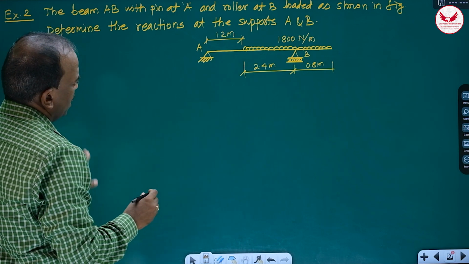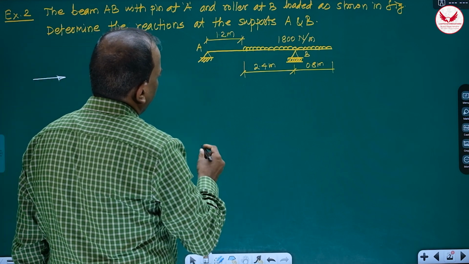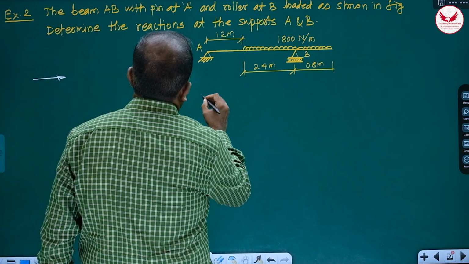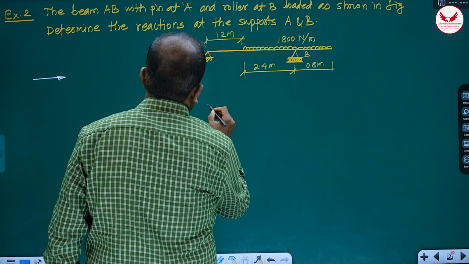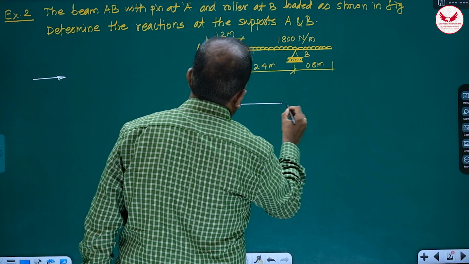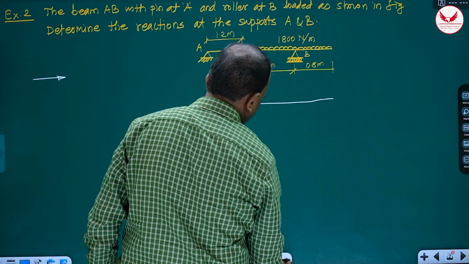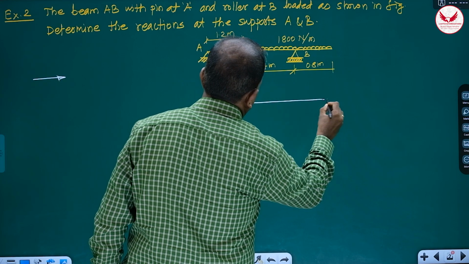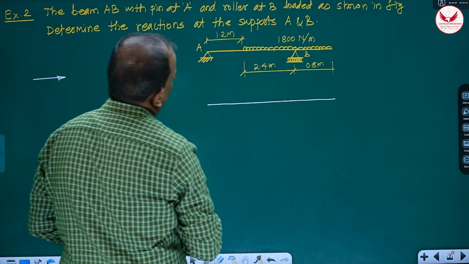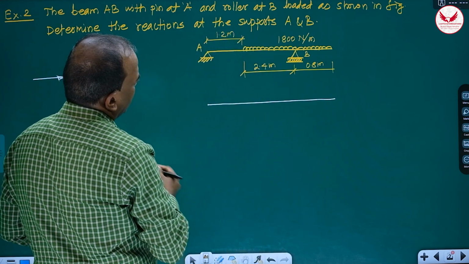Whatever the beam is there, we have to draw that beam as it is. Then whatever its distances are, it will be like this. So it is the beam. And see, first you replace the supports.